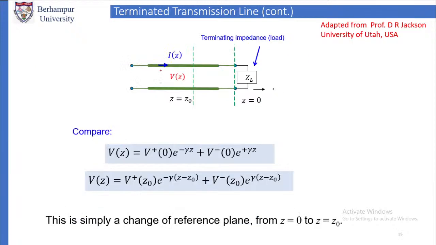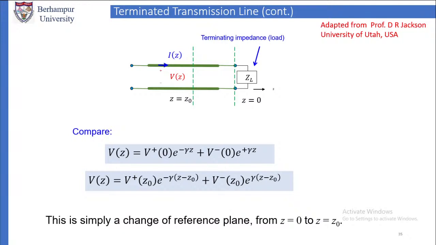Now compare these two terms. V(z) is equal to b plus 0 exponential minus gamma z plus b minus 0 exponential plus gamma z, and V(z) is equal to b plus z0 exponential minus gamma (z minus z0) plus V minus z0 exponential gamma (z minus z0). These are the two terms that you will compare.